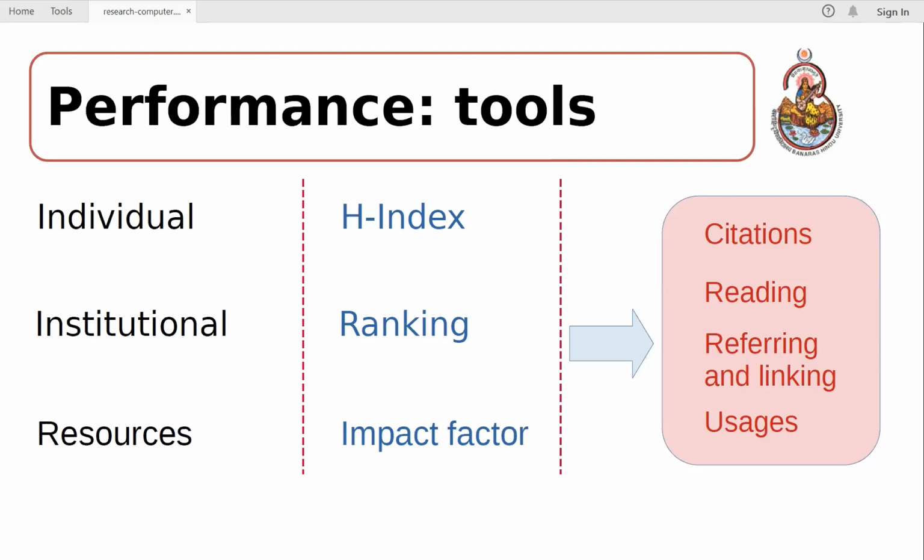At the individual level, you have things like the H-index, where we use citations to measure the efficacy of your research work, how many are using it. Institutional ranking can be measured by linking the institute, or by the number of students participating in your institute and all that. So today you have a lot of ranking systems available.